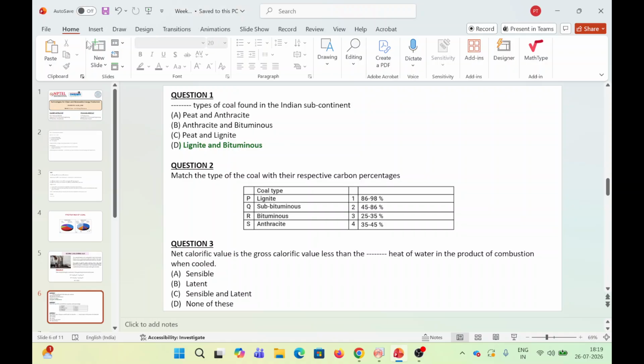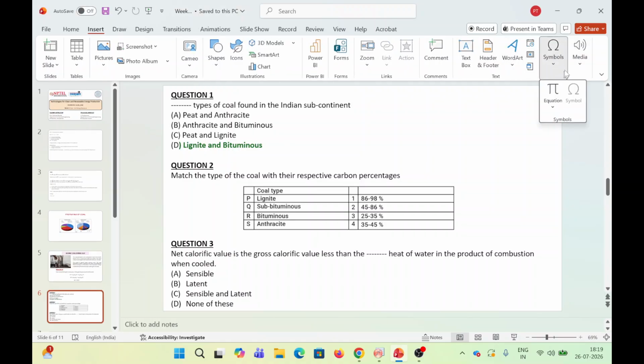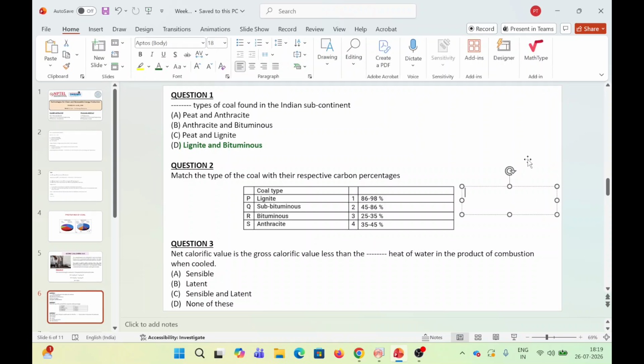So the anthracite, as I said, has a high percentage of carbon. 86 to 98 percentage of carbon is present in anthracite. As somebody rightly said, lignite has the lowest one among the four, which is P3.